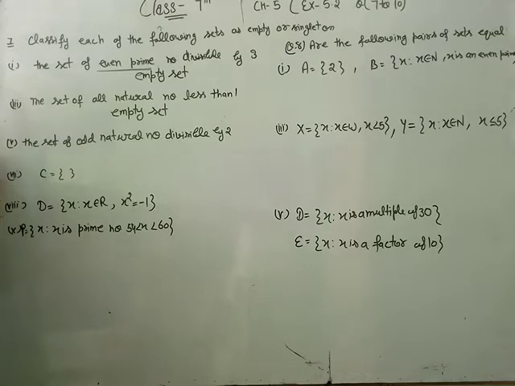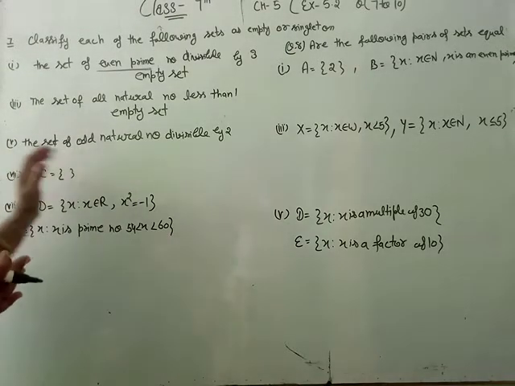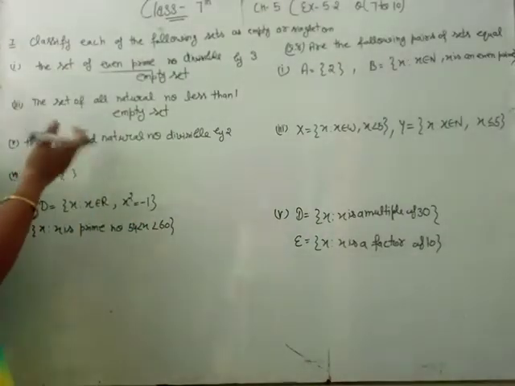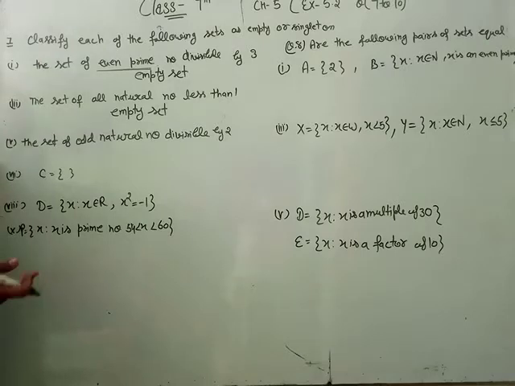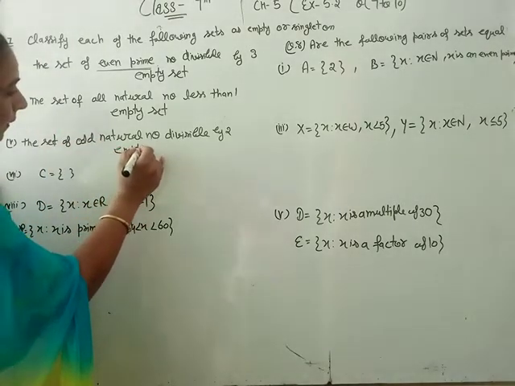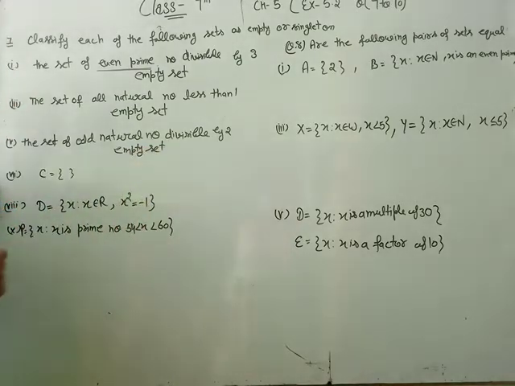There is no odd natural number divisible by 2, because any number divisible by 2 is an even number. So in this set there is no element, so this set is also an empty set.